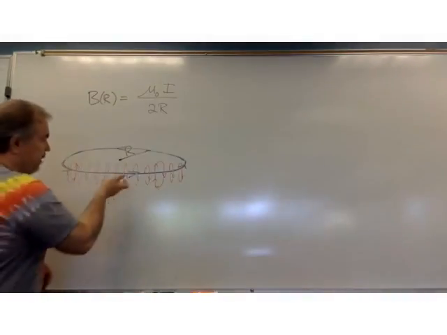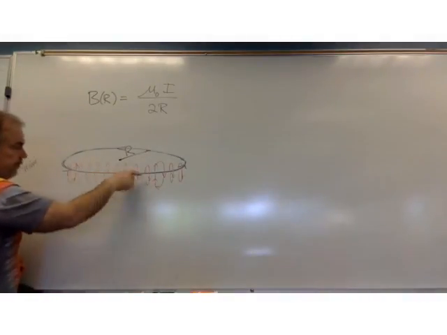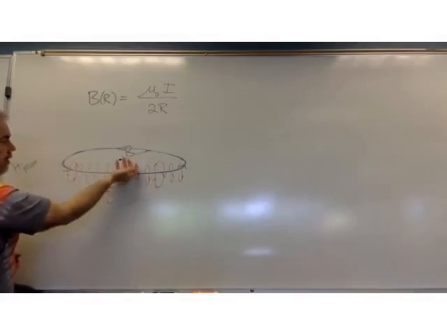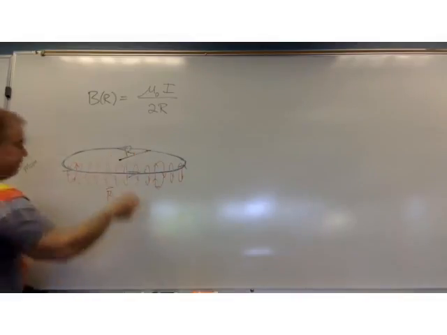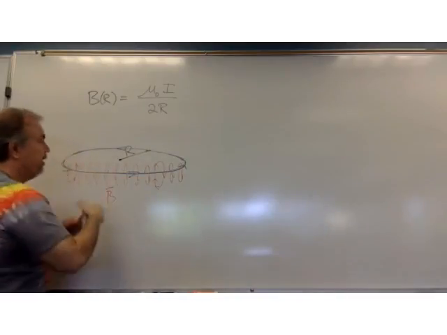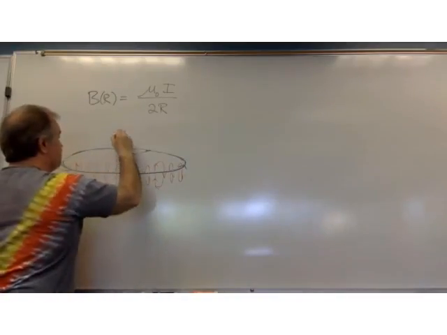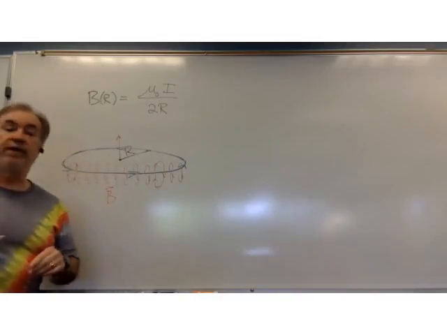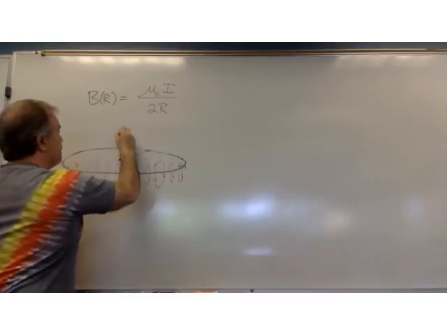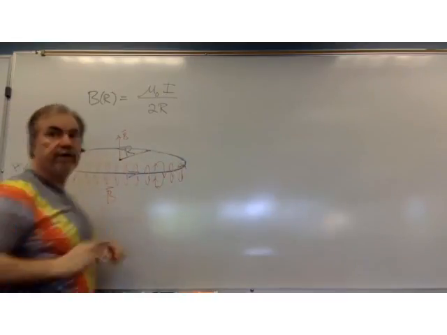Because remember, for the front here, I determined that the magnetic field lines inside the wire are pointing upward. Let me finish it up for the recording anyway. This is the field from the current in the front half of the wire, if you will.